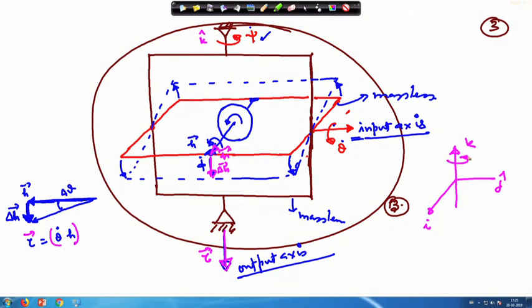So, if the outer frame rotates by psi, it will rotate from this position to this position. So, this torque, using the right hand rule, is going down like this, okay. And using the right hand rule, how can we produce this torque? This is tau.